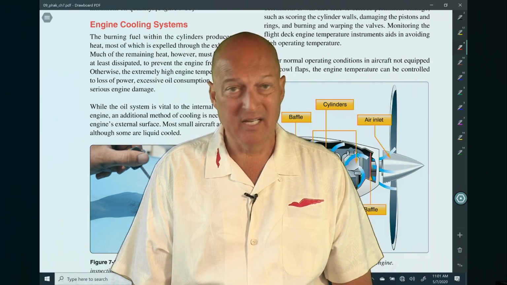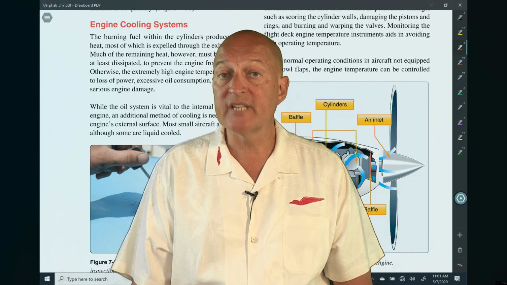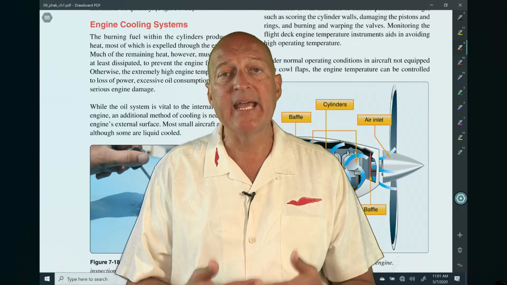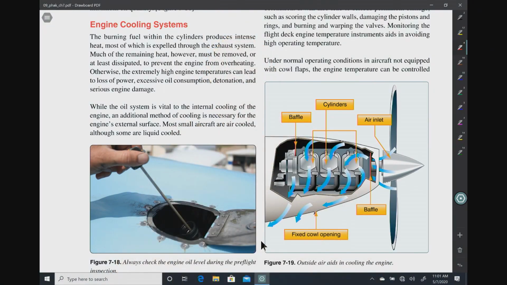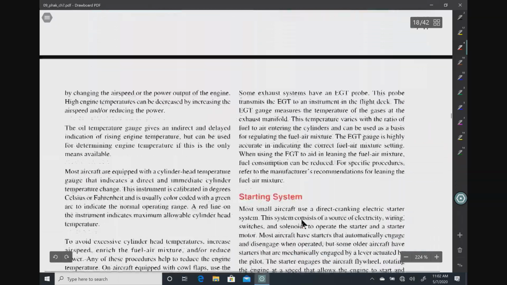It's a lot of weight, a lot of moving parts that you don't necessarily need if you're handling the energy properly in your airplane. You have another system here whereby air can move inside the cowling of your aircraft, and it actually, through a series of baffles, can be controlled so that air moves in and around those cylinders to help cool them there as well.